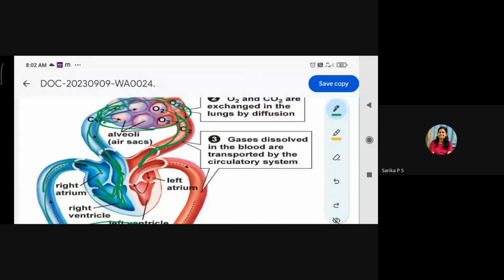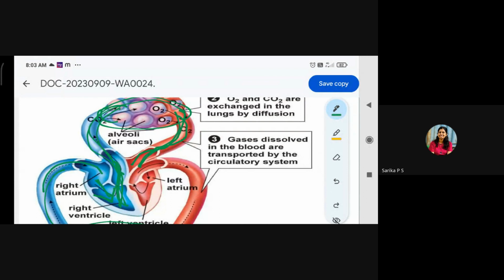But in the case of the pulmonary artery and pulmonary vein, it is vice versa, because the concept of an artery is letting out blood from the heart. So the pulmonary artery carries deoxygenated blood and the pulmonary vein carries oxygenated blood.